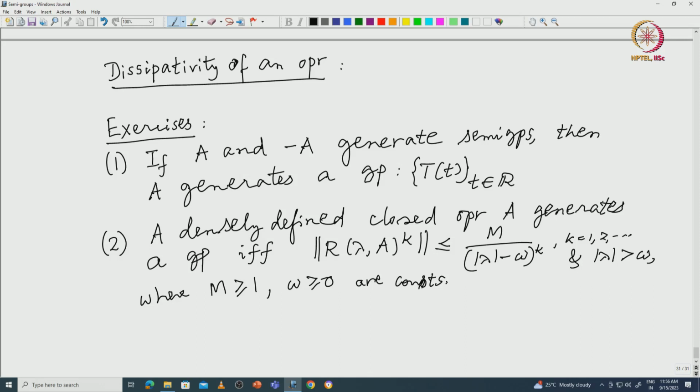So, again as we did in the previous case, you can take M equal to 1 and omega equal to 0 and then write down the resolvent estimates for A to generate a contraction group now.